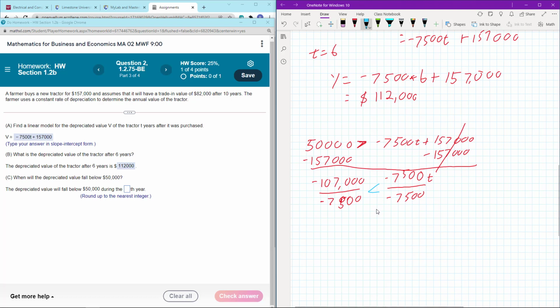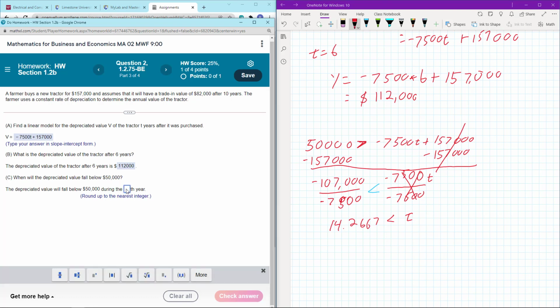Now when we do the math, these cancel, and that will give us 14.2667 is strictly less than t. Okay, and that basically tells us that for the value to become less than $50,000, t has to be greater than 14.2667, which means that this will occur in the 15th year.